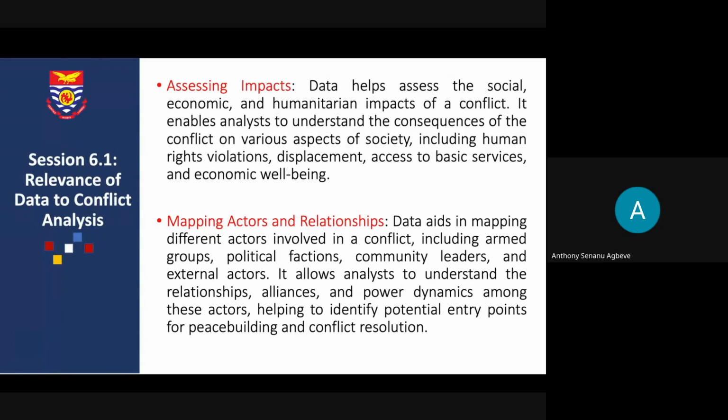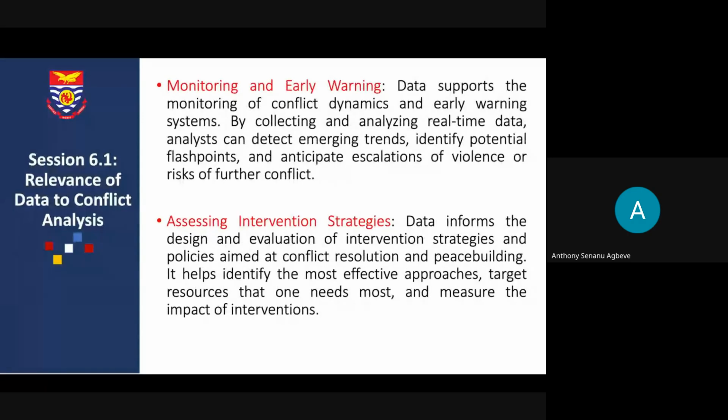So the data for conflict analysis is very important because it gives you exposure to all these nuances that are at play, so that when you are trying to engage in any form of analysis, you target the relevant aspects of the data and then you deal with it, right? So basically, those are the relevance.